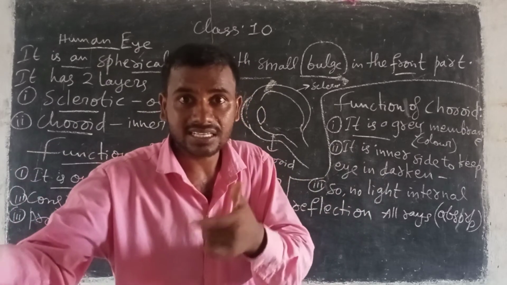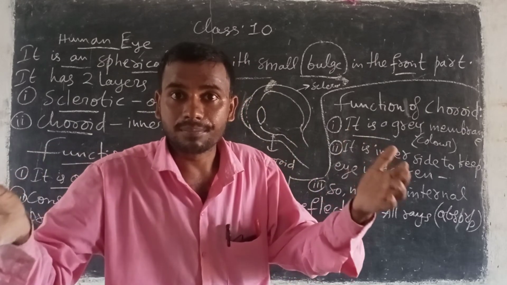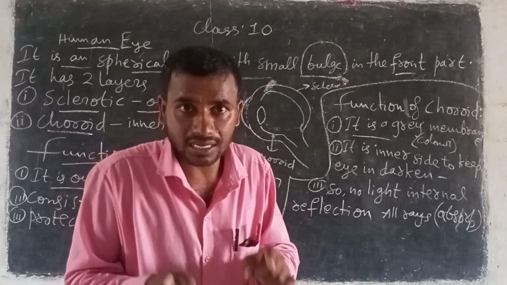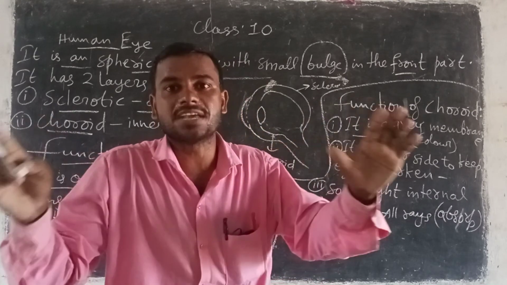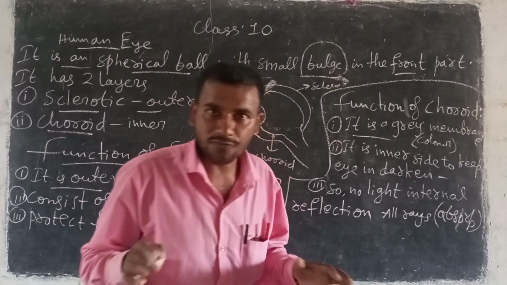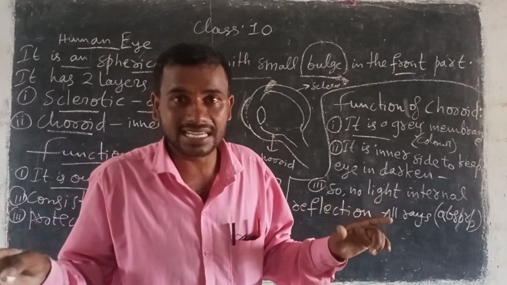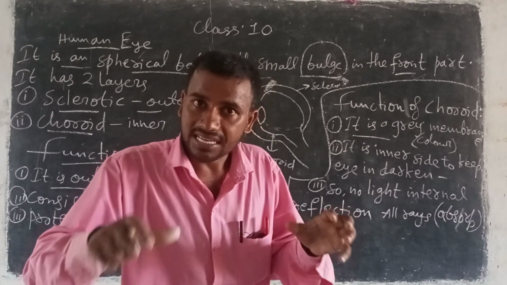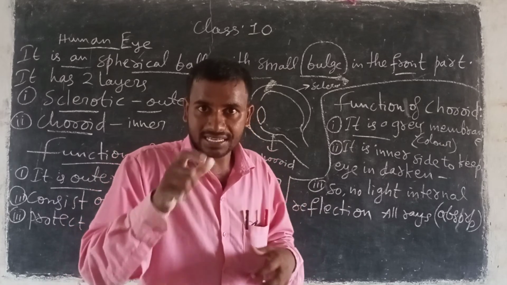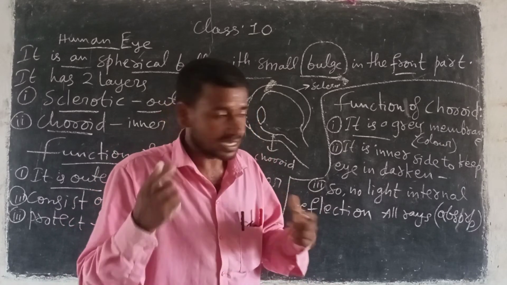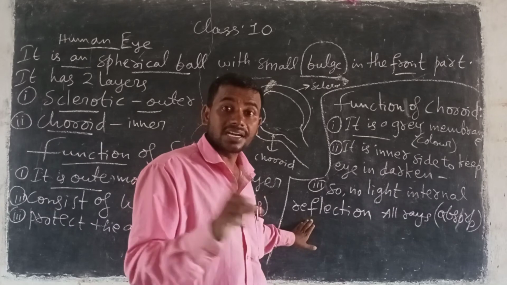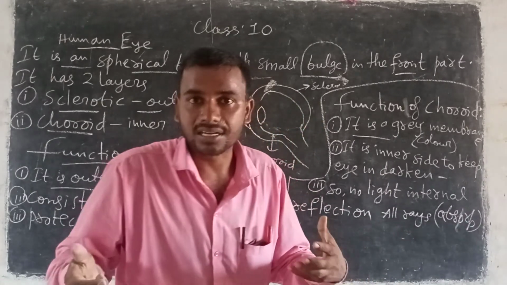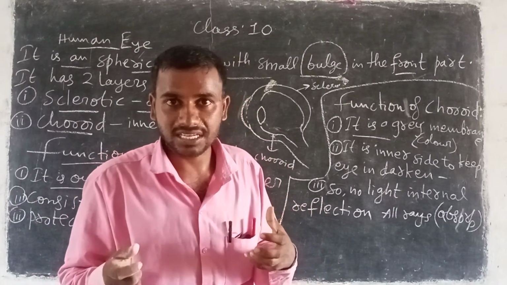If it reflects, then our eyes become blind. Our eyes should not reflect the light. If it reflects, we cannot see the images clearly. That's why the choroid layer keeps our eye dark, to receive and absorb all the light rays that are coming, and they should not reflect. All rays can be absorbed.